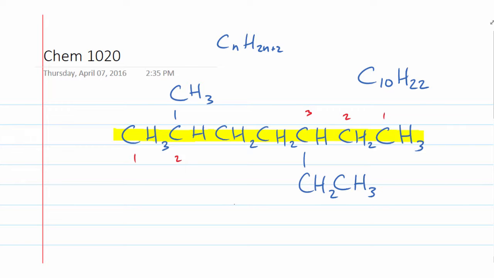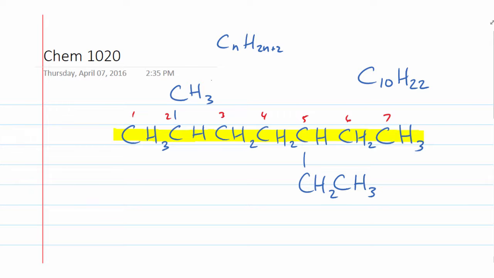So the direction we want then would be from left to right. So if we count from left to right, we have 1, 2, 3, 4, 5, 6, 7. Once we establish a direction, we have to keep going in that direction.